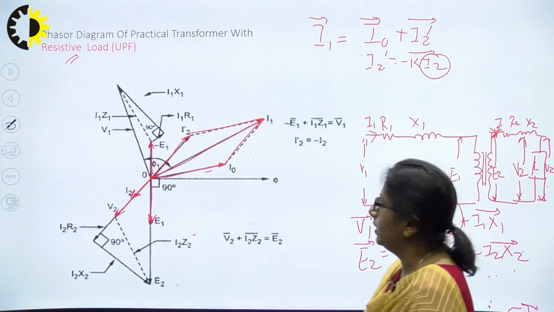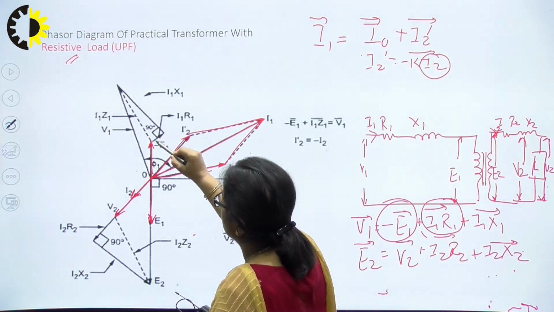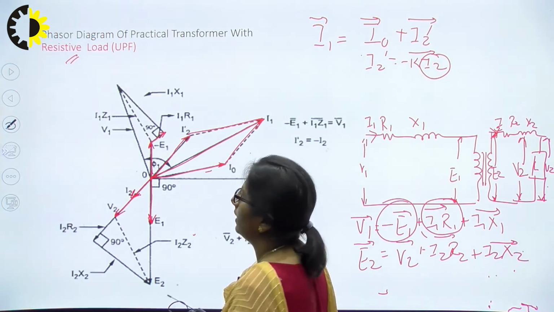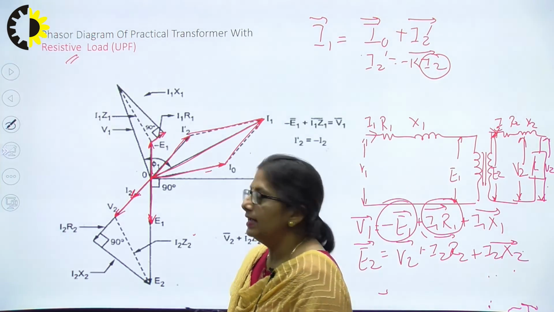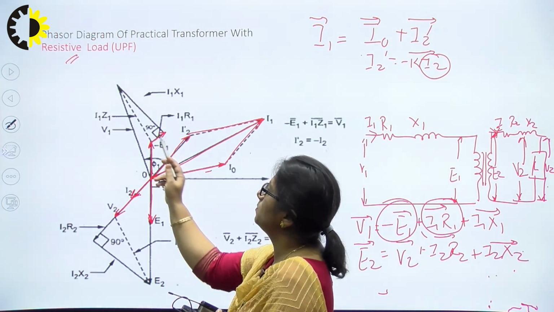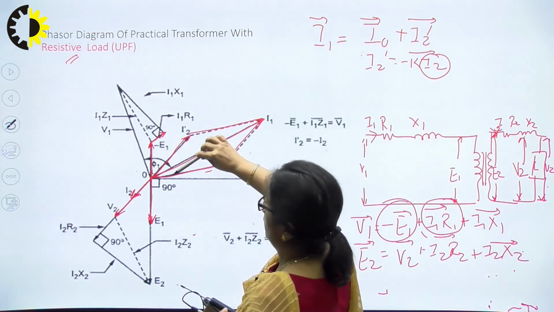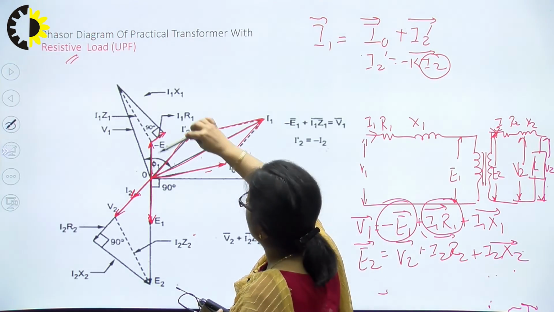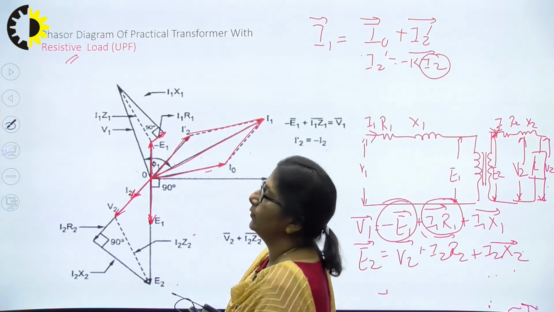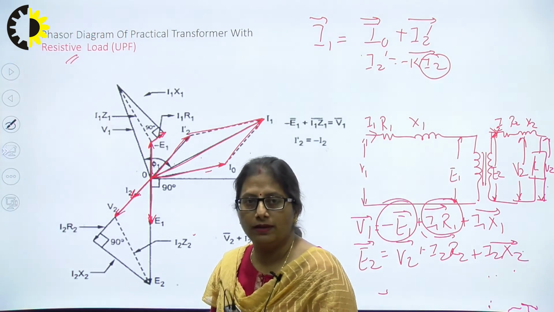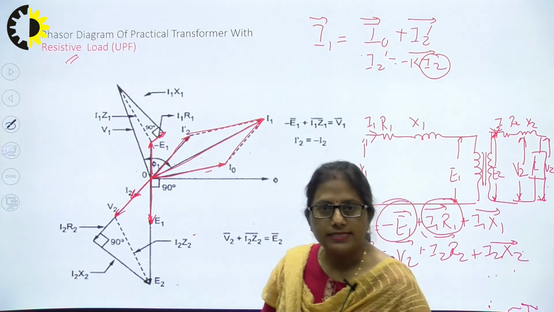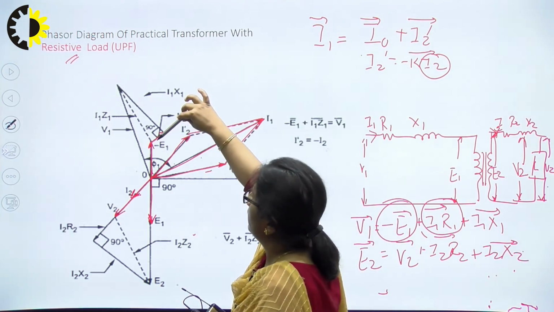So I'll add a phasor I1 R1 in such a way that it is in phase with I1, that means just parallel to I1. We know that two parallel lines are in the same phase. So I'll have I1 R1.